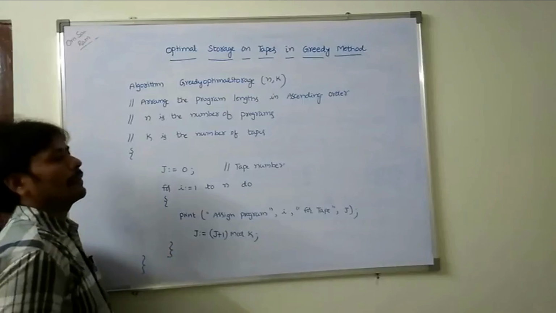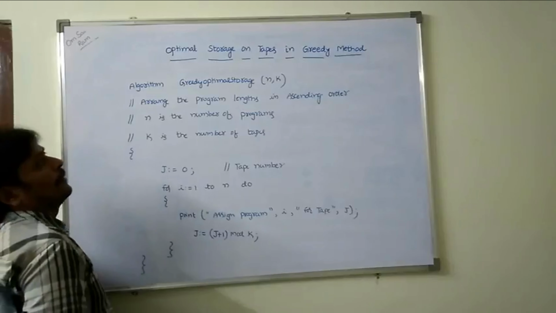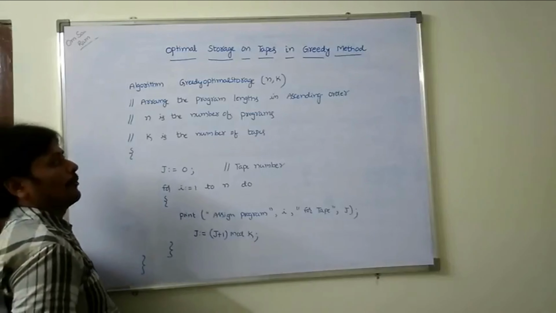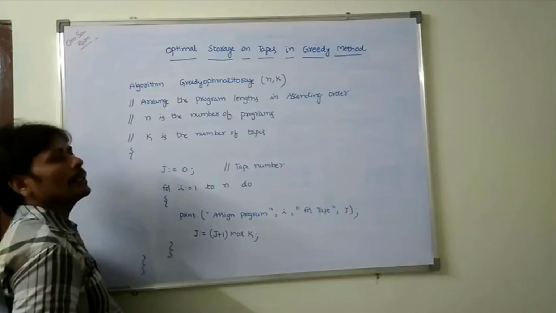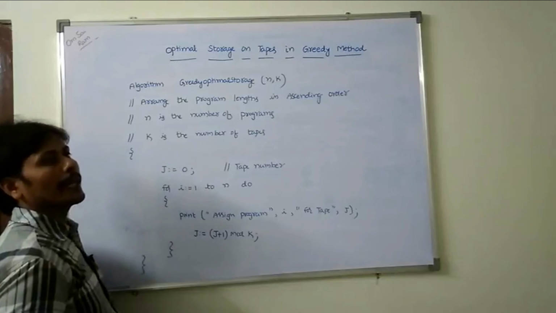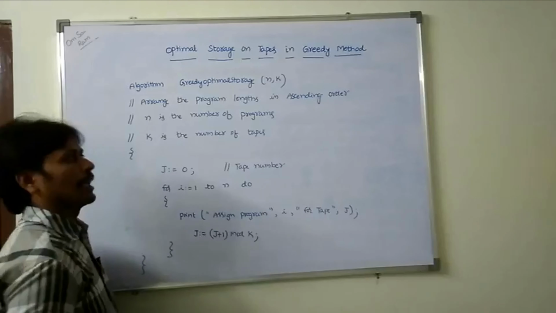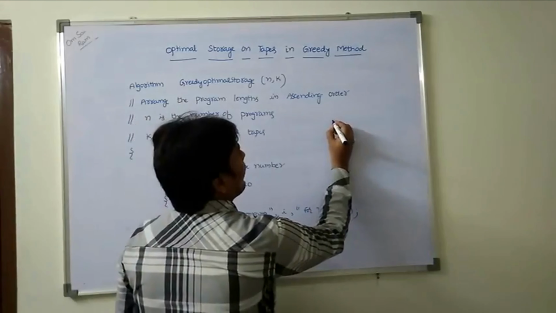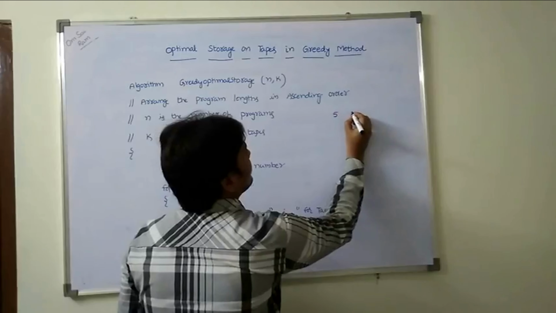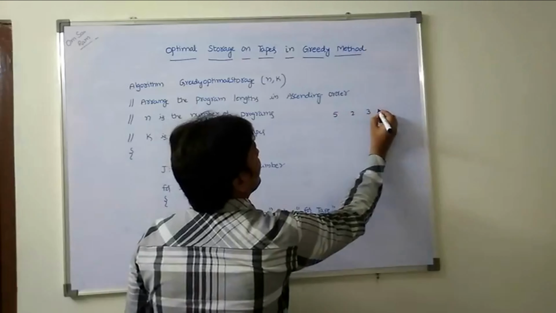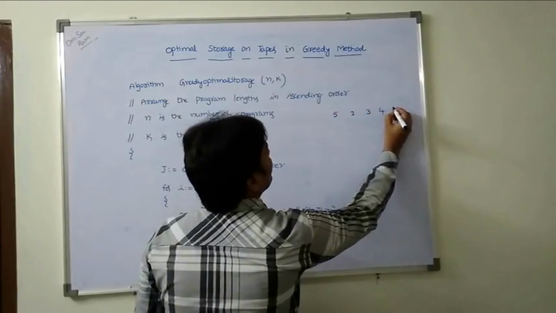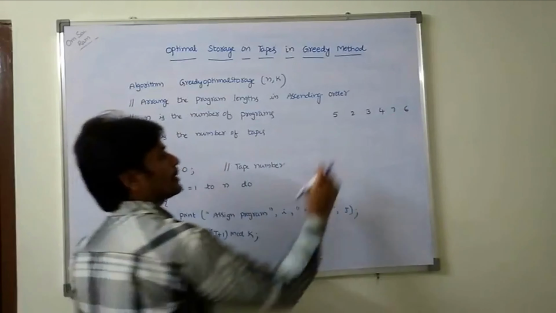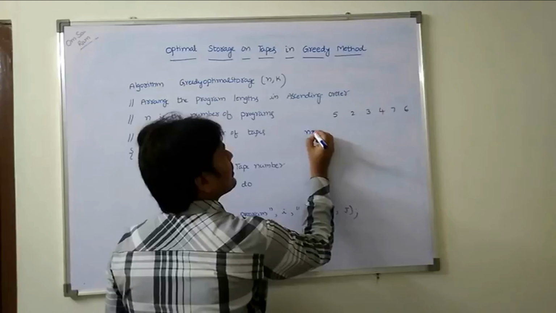So this is the algorithm for finding the optimal solution if the number of tapes is greater than 1. Suppose the program lengths are 5, 2, 3, 4, 7, 6. So n is equal to 6 programs.